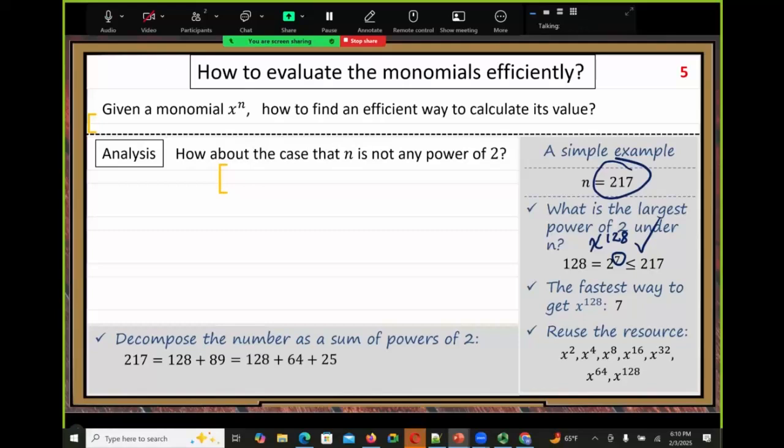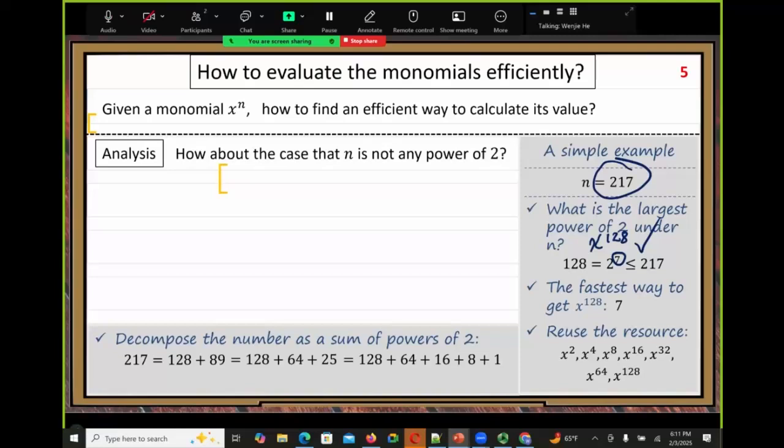Then we split 89 as 64 plus 25, 64 being the largest power of 2. From 25 we take out the largest power of 2, that's 16, and then 8, then 1. That is our decomposition of 217.